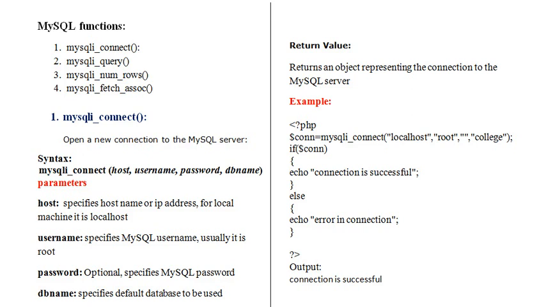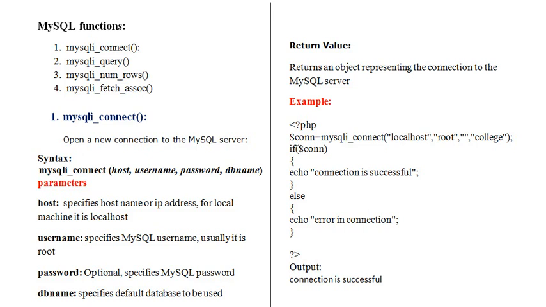Then the if condition becomes false and it goes to the else part, and displays error in connection. Right now if we execute this program, all the values are correct, so we will get the connection object.